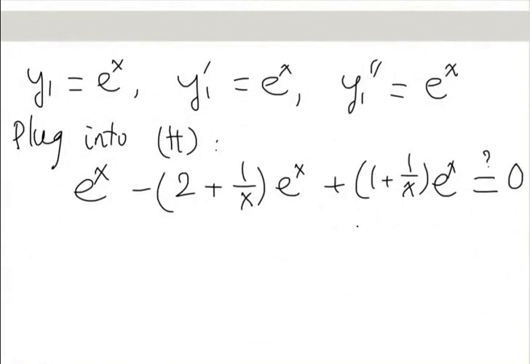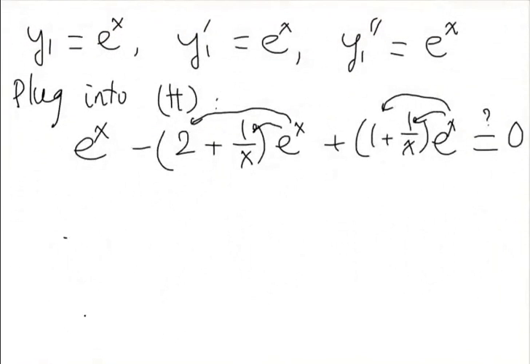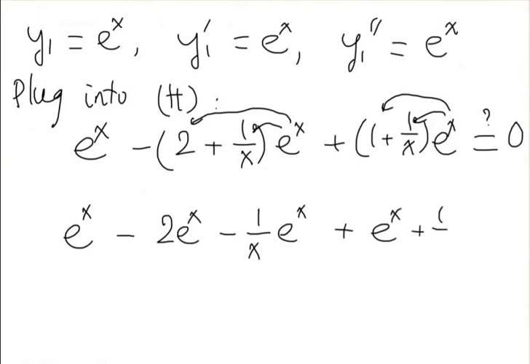And is it right? So over here we can distribute in and verify. We have e to the x. Don't forget the minus sign. We also need to distribute the minus sign. We have minus 2e to the x, and then minus 1 over x e to the x, plus e to the x, plus 1 over x e to the x, and is 0.